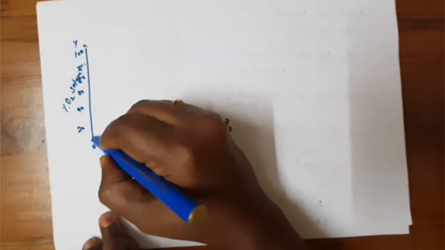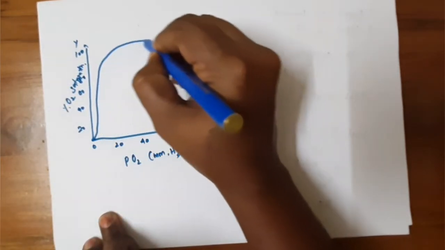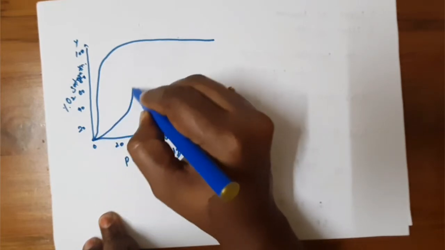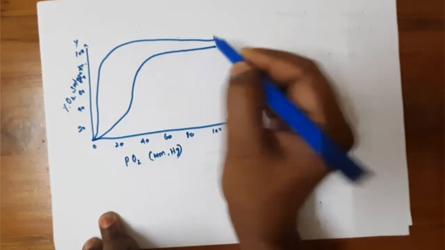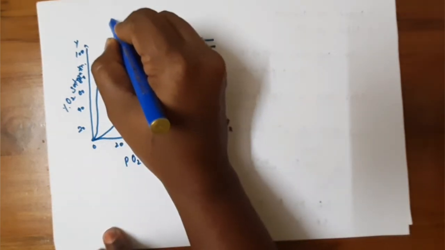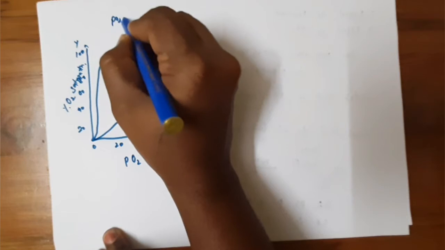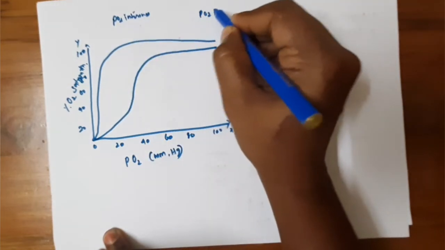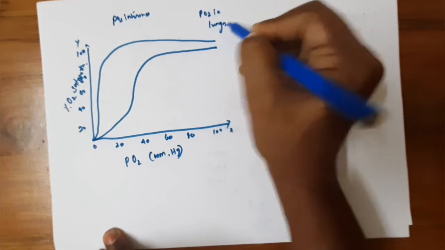Okay. So this oxygen binding curve gives two types of curves. This was partial pressure in tissues, and this was partial pressure in lungs.